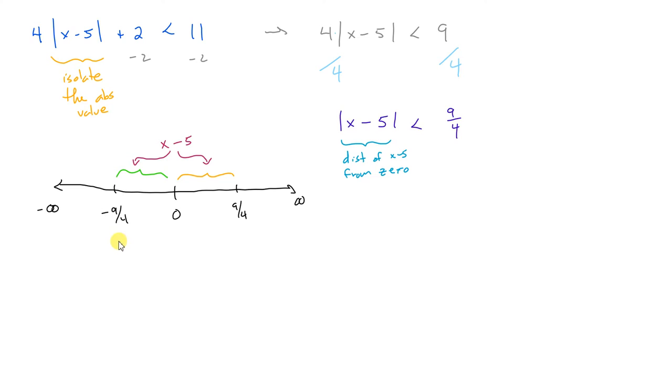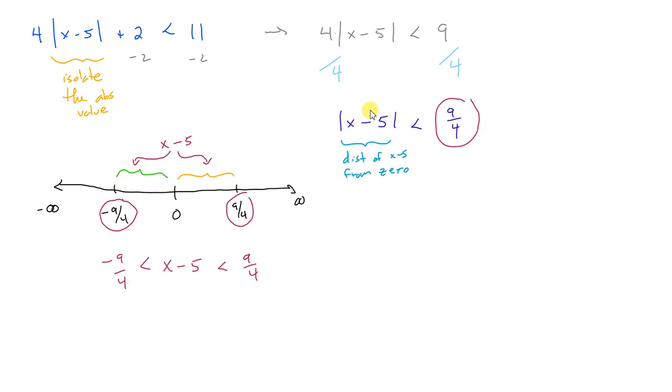So we are between the positive of the right-hand side and the negative of that same right-hand side. We can only say this once we have the absolute value isolated. So x minus 5 without the absolute value has to be less than 9/4, but greater than negative 9/4.